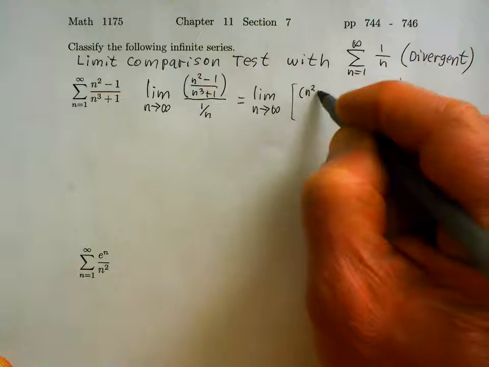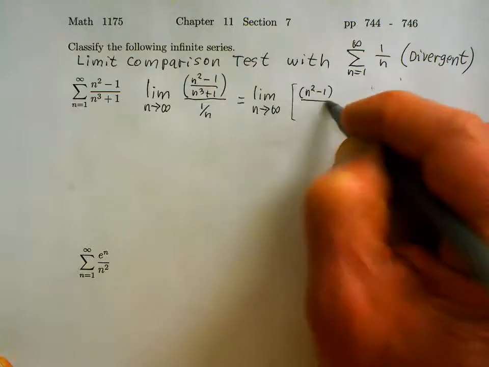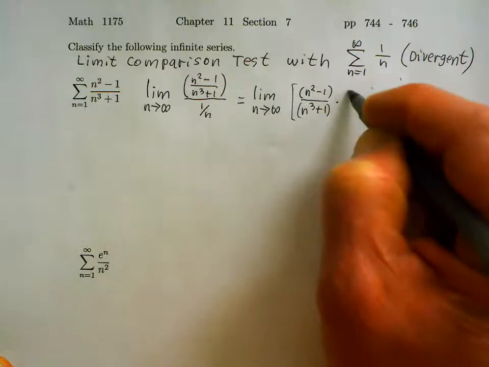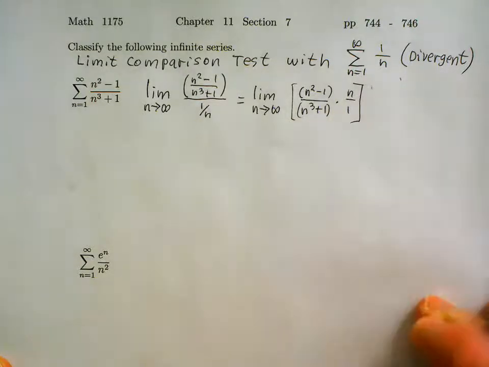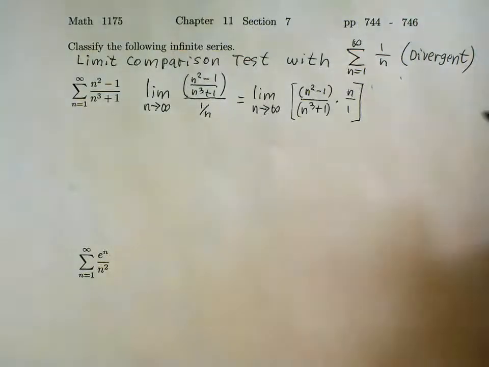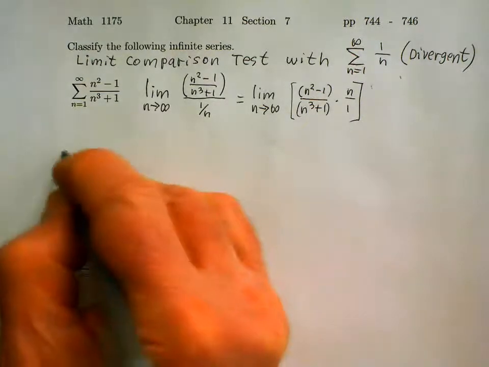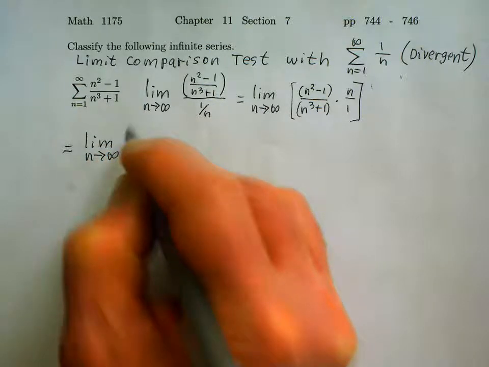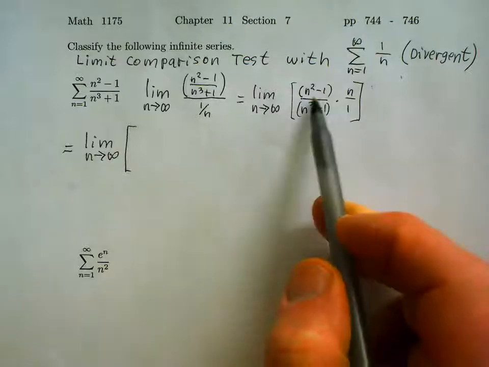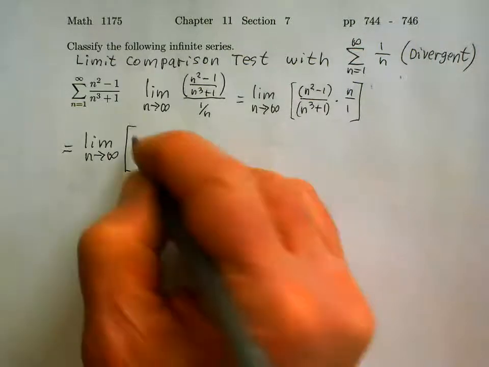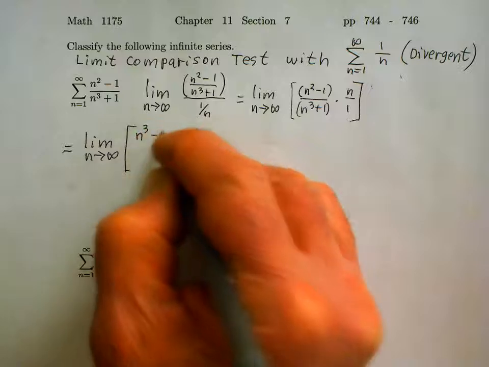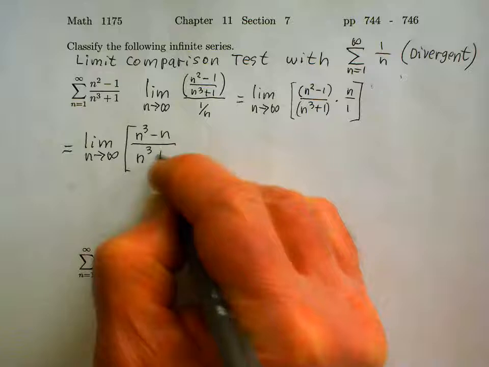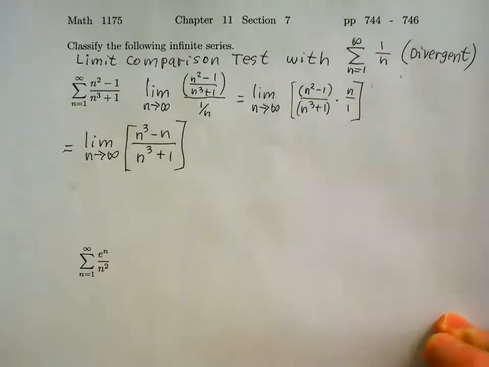So this will become n squared minus 1 over n to the third plus 1 times n over 1. So in the numerator, n to the third minus n, and in the denominator, n to the third plus 1. What does that limit equal?